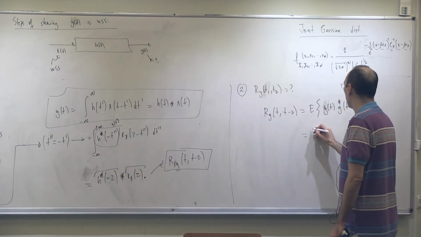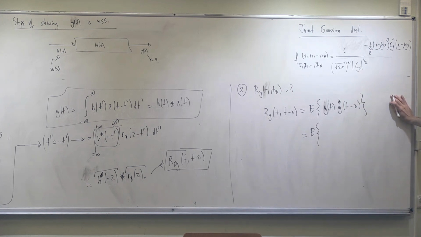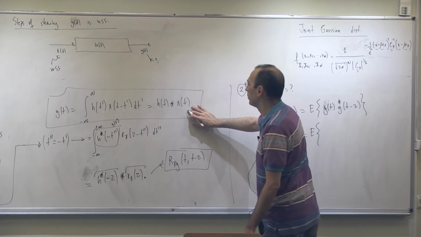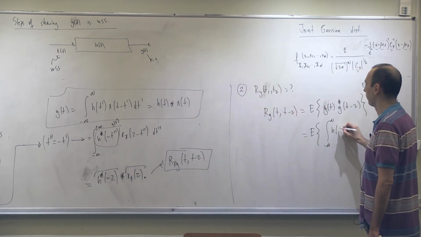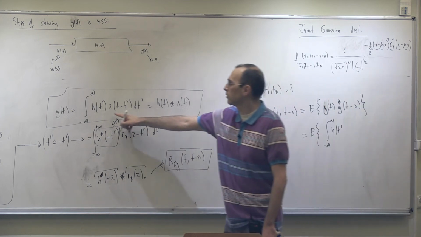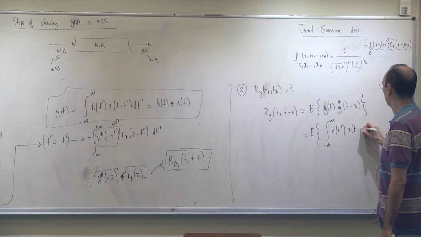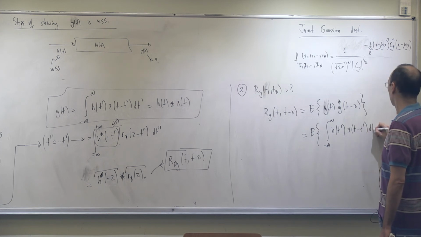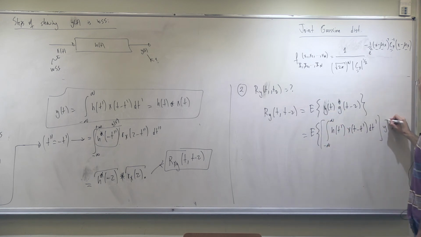I have to calculate this, and I'll be using this relation for y(t) as it is, and y conjugate (t minus tau), and that is it.